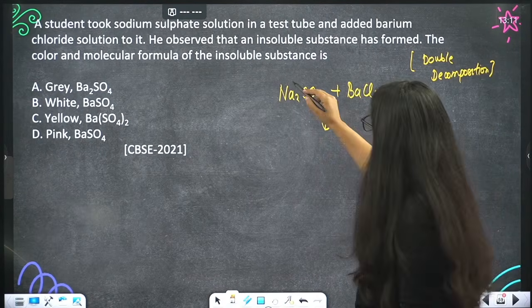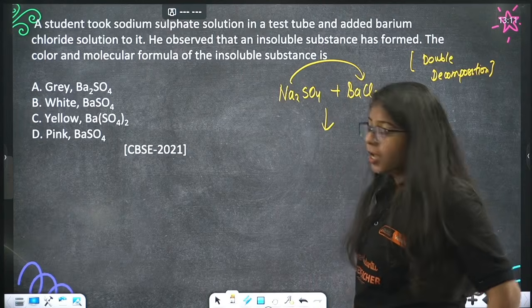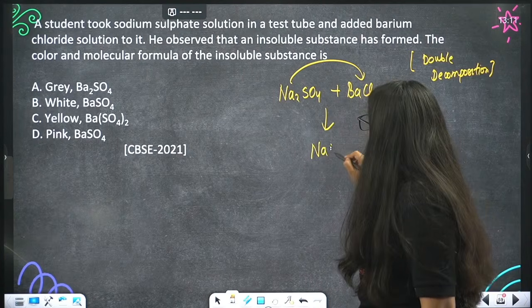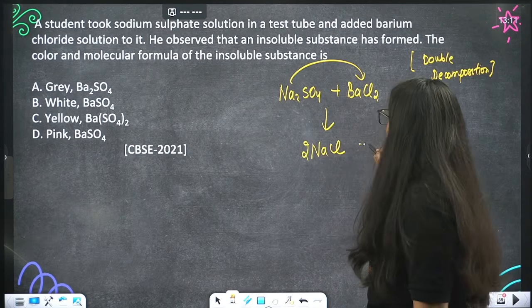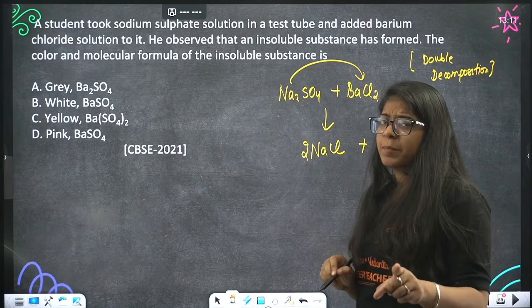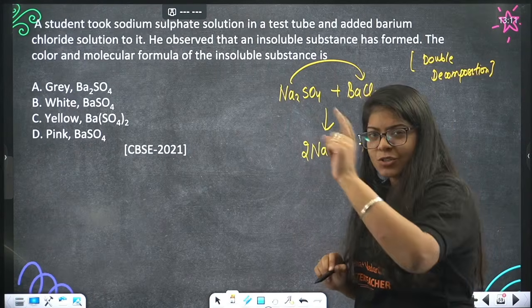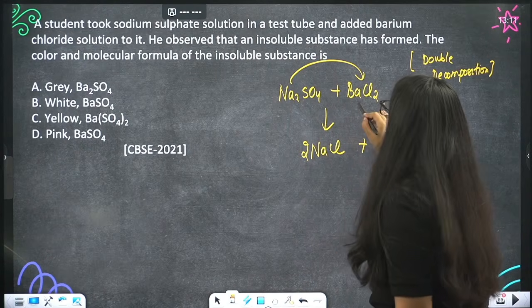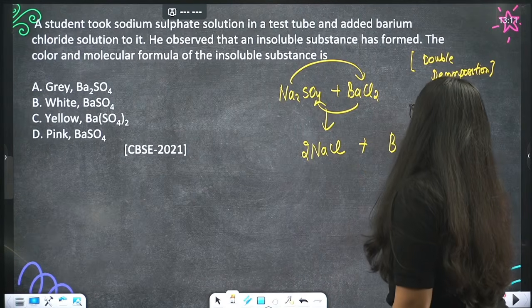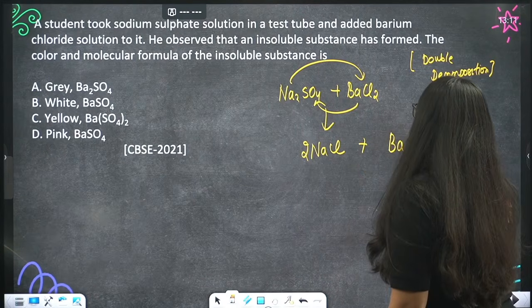True? So Na says I want to sit with Cl, so it goes and sits with Cl to form NaCl. Plus, I am again assuming you know chemical balancing. If you don't, the next question is on balancing. And Ba goes with SO4, so we have BaSO4.